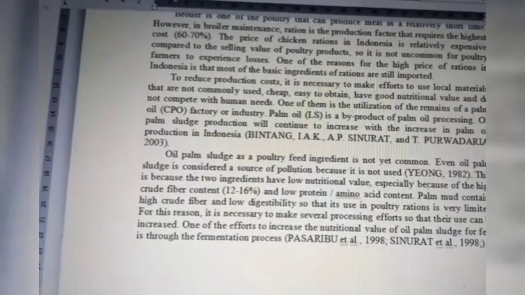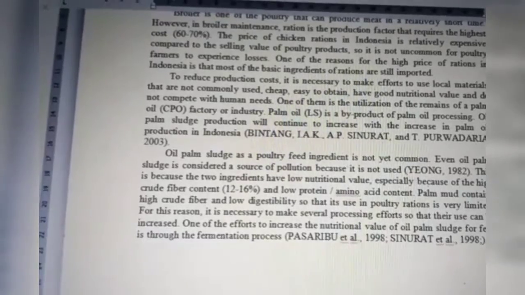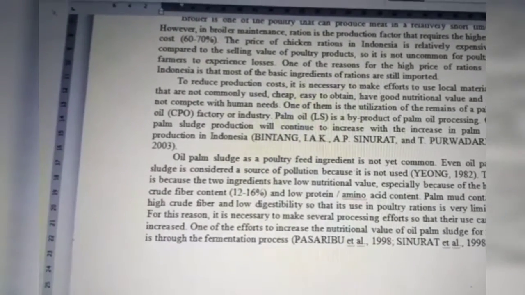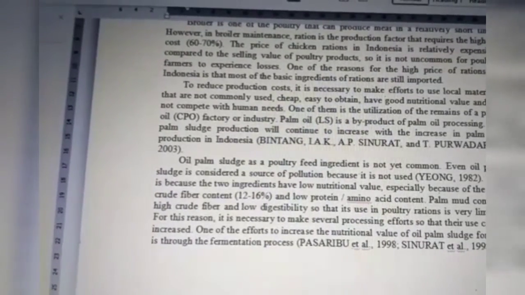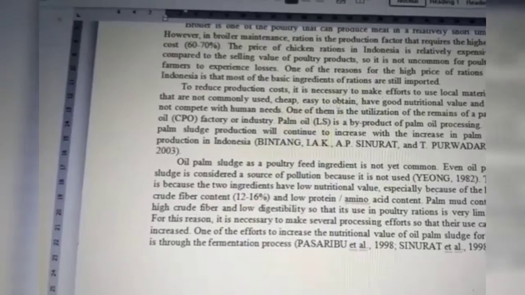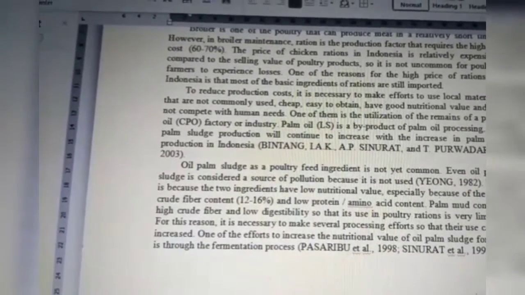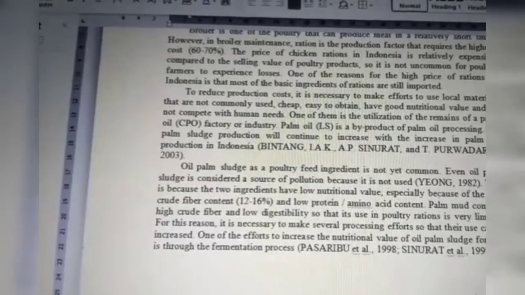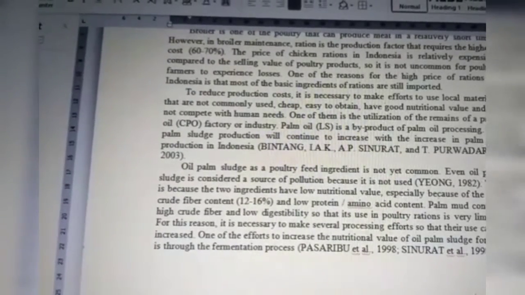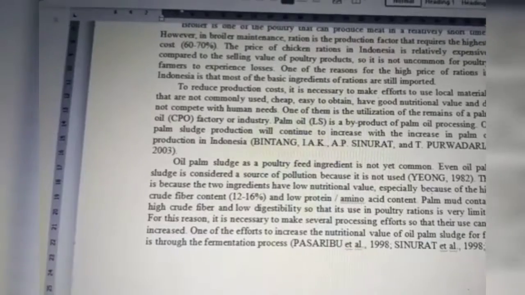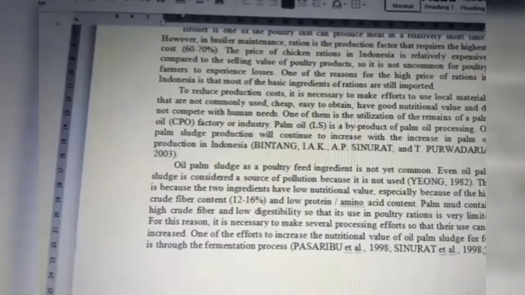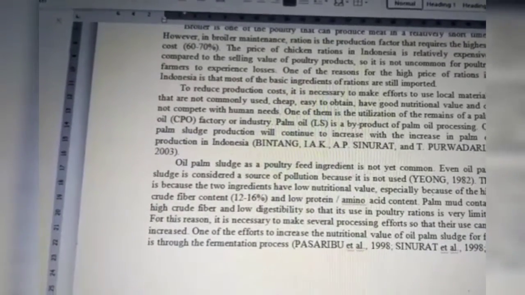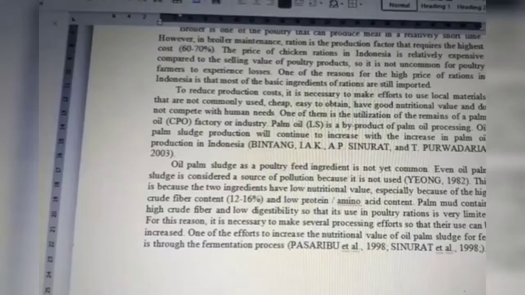Palm mud contains high crude fiber and low digestibility, so its use in poultry ration is very limited. For this reason, it is necessary to make several processing efforts so that its use can be increased. One of the efforts to increase the nutritional value of oil palm sludge for feed is through the fermentation process.